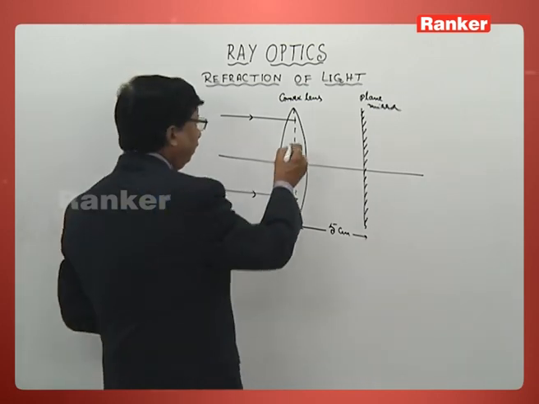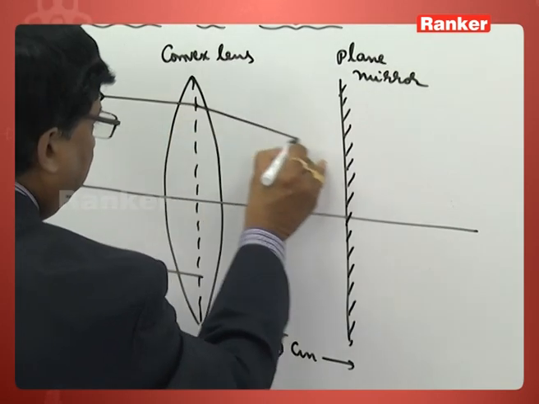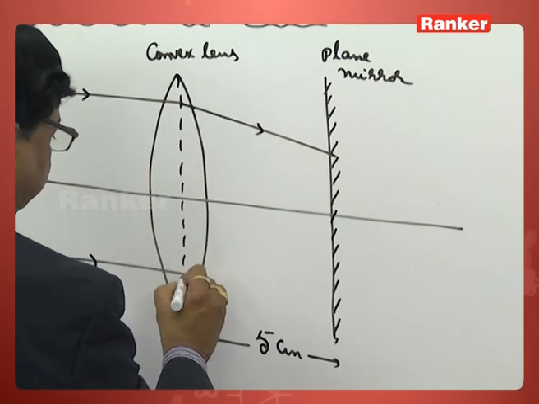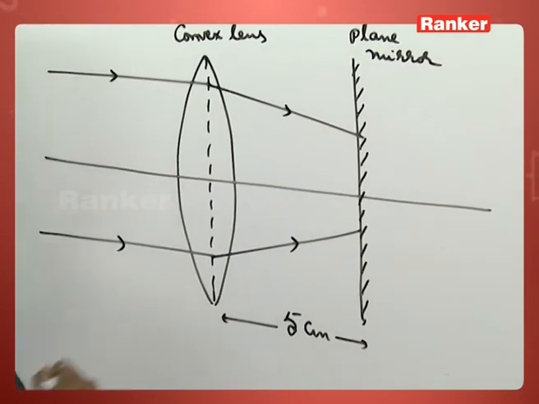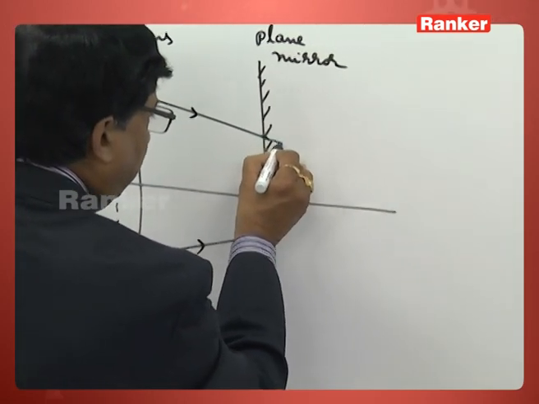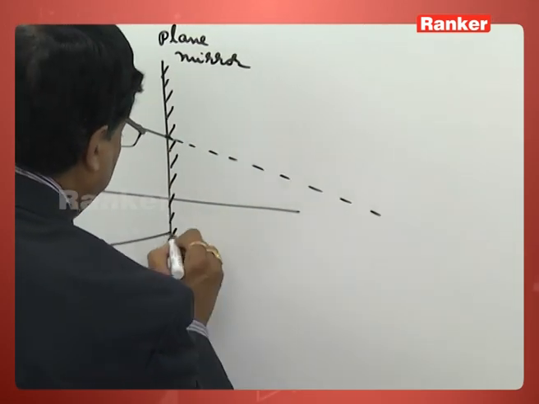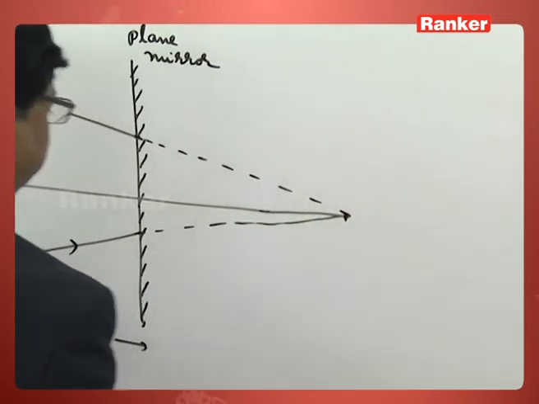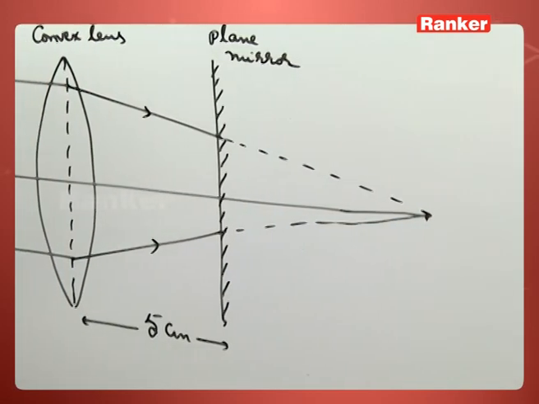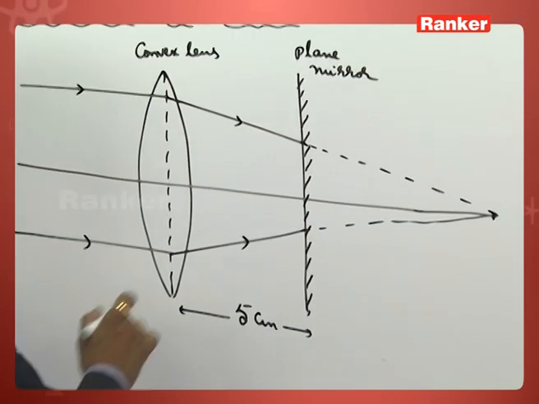You see here, this ray is now refracted. This also has been refracted. In true sense, both the rays would have been merged at this particular point like this to form the image. But what is happening now?